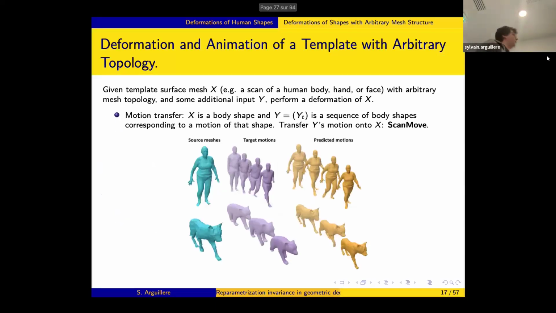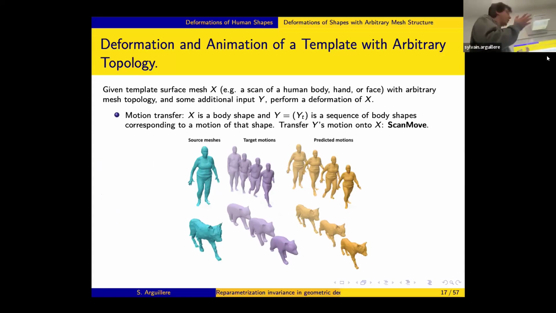Now, some not completely other problem, but something that can't use a fixed topology as output, is if you want to, for example, animate a scan. So this is Scan Move, which was made so that you have a source mesh which can have any topology.